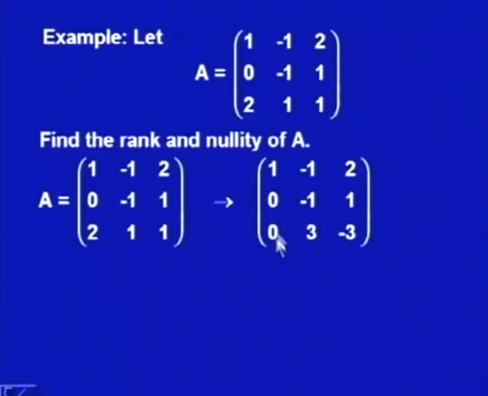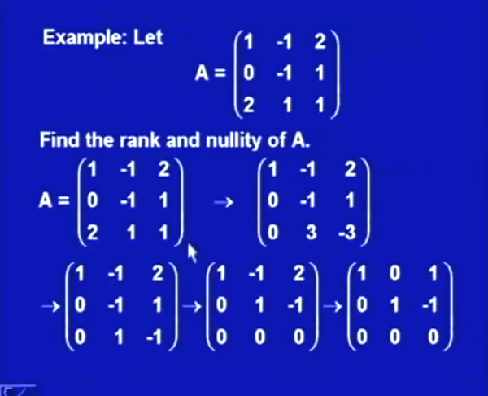I try to make this 0. So this matrix is transformed to this, and by applying suitable elementary transformations, it will reduce to this, and further this will be reduced to this, and from here will go to this matrix.